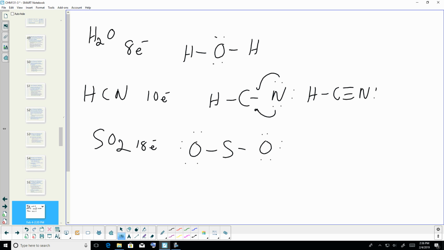If each one has an octet and there's 2 of them, 2 times 8 is 16. And I had 18, right? So I got 2 left over. Where do I put them? On the S. There, is everybody happy? Who's not happy? Sulfur. It's only got 6.